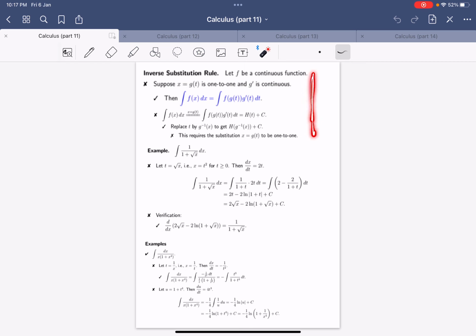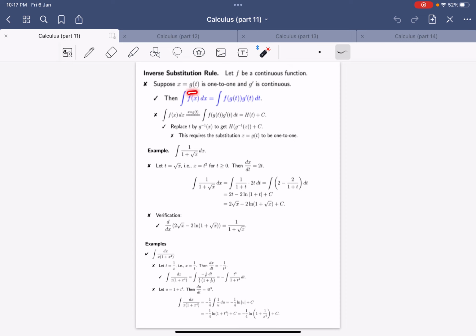And the first technique we can use is called the inverse substitution, where x can be substituted by a continuous function in terms of t, and when we do so, it reduces the problem to something easier for us to see.